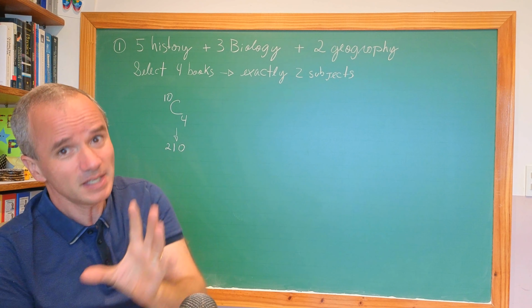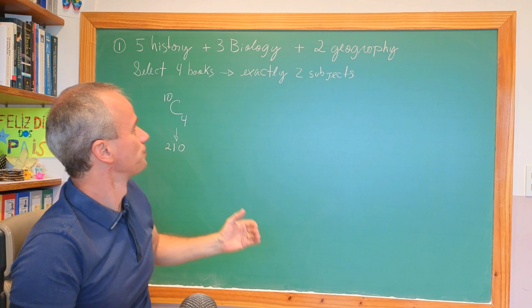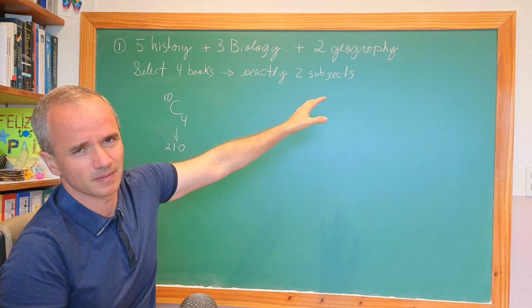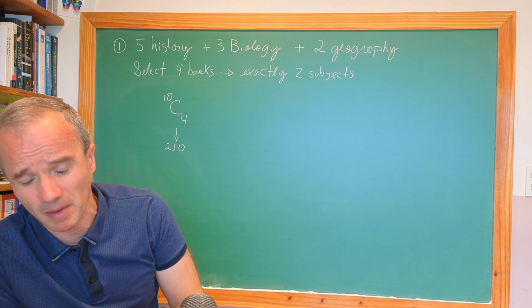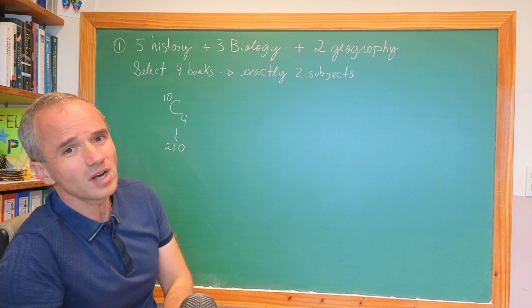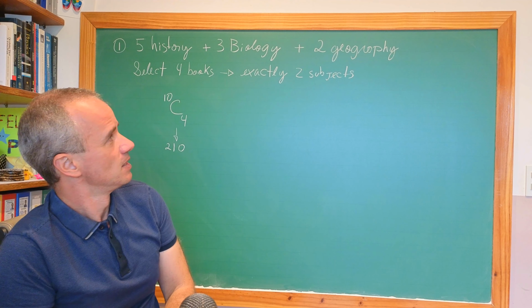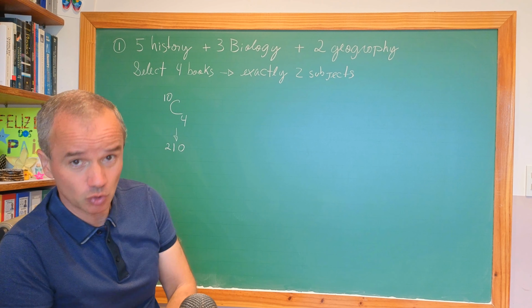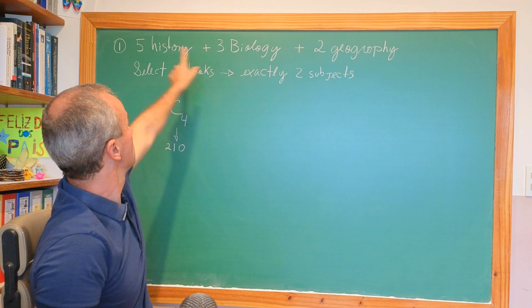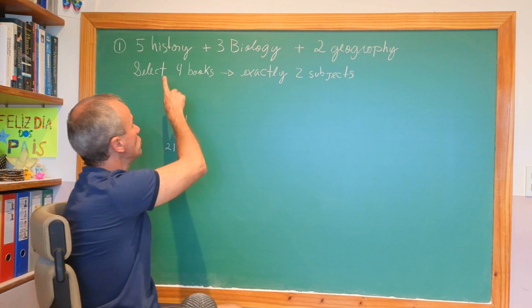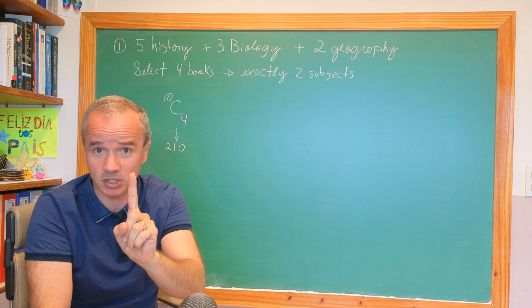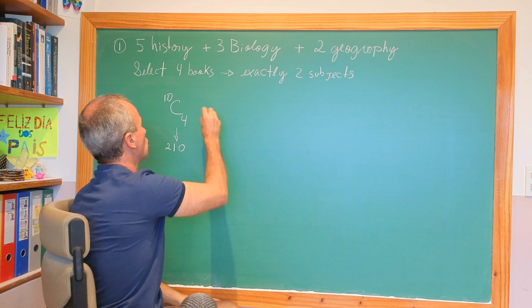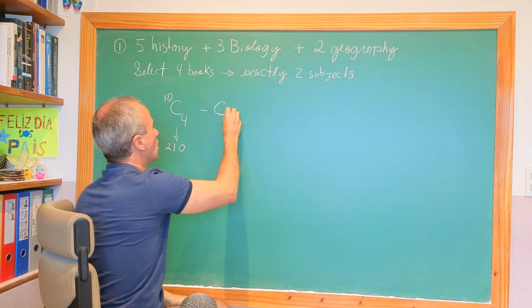But there is a condition, so we have to account for that. The condition is exactly 2 subjects. Well, the first thing that comes to my mind is, well, 1 subject, not good. Can I have only 1 subject choosing 4 books? Yes, I can, thanks to the history. So I have to remove that because I cannot have only 1 subject. I gotta have 2. So let's remove this possibility.